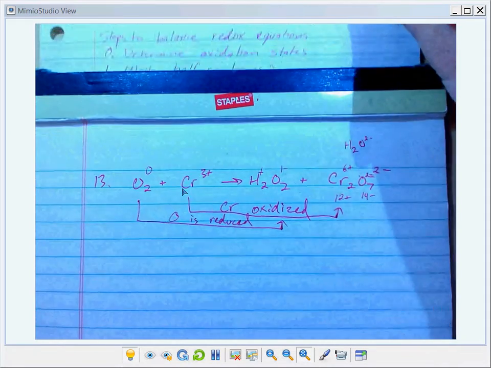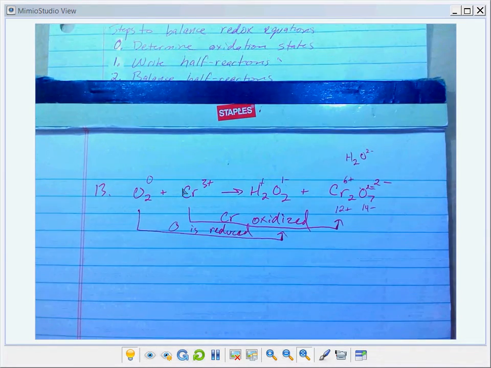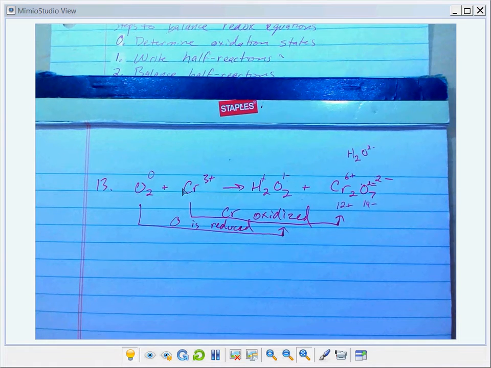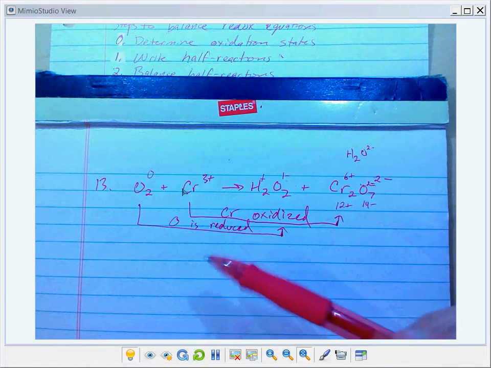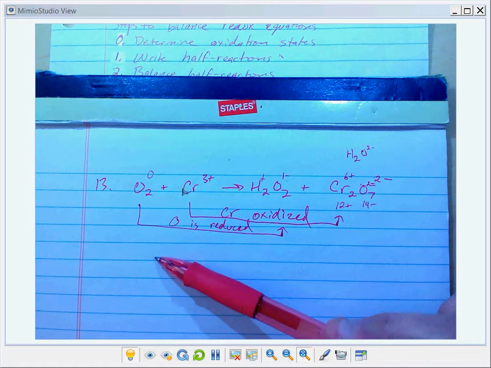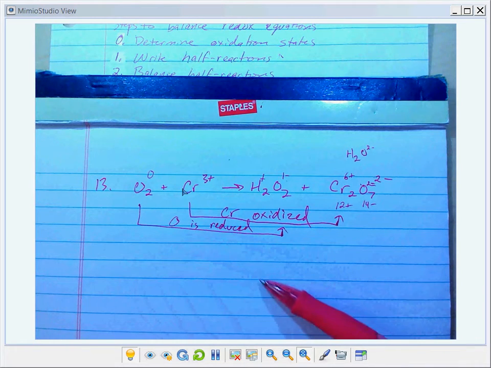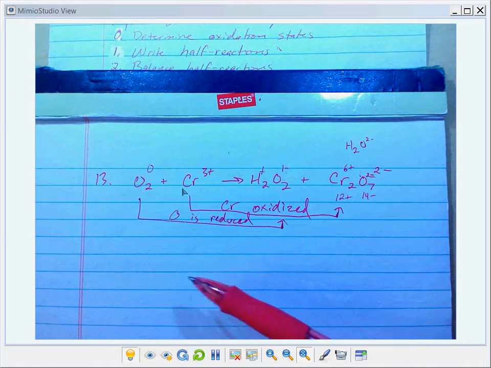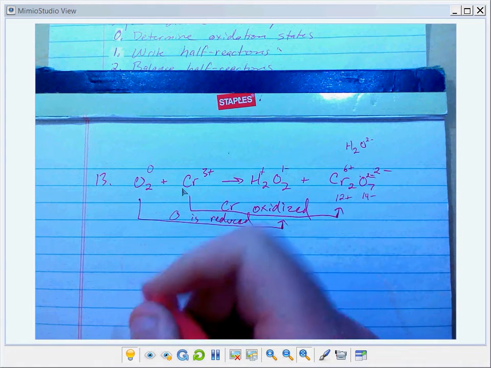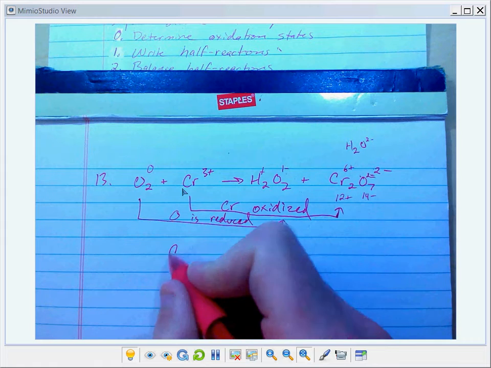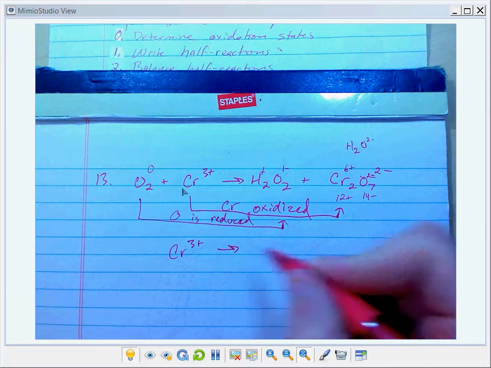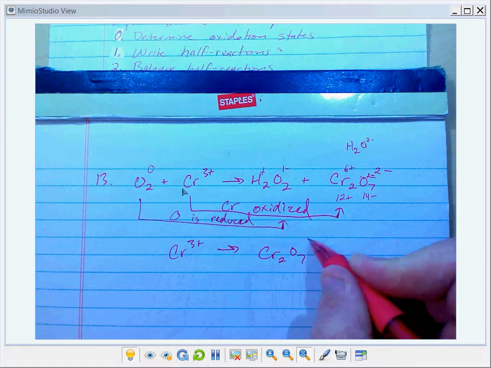Now we're going to write our half reactions: an equation for the oxidation and an equation for the reduction. We're just going to pay attention to the species that is oxidized in the oxidation one. So the half reaction for oxidation is Cr3 plus makes Cr2O7 2 minus.